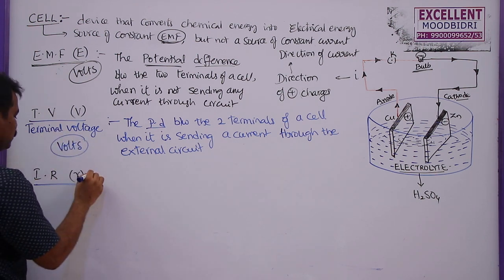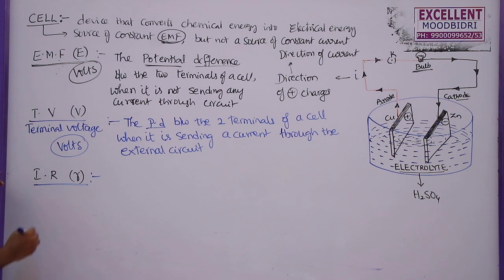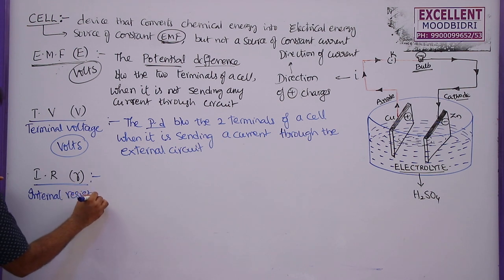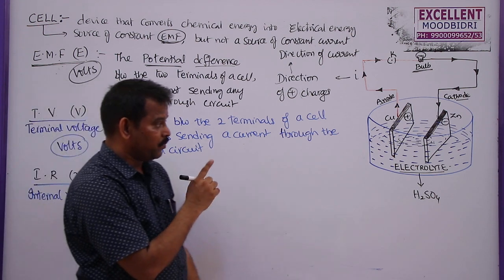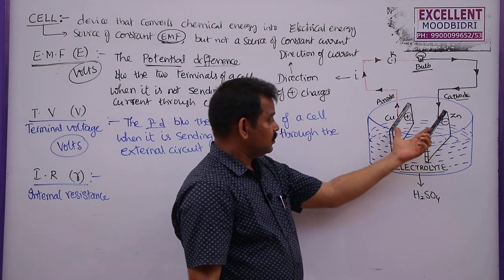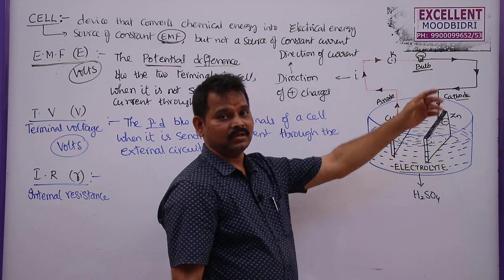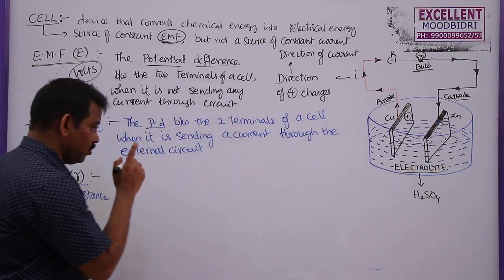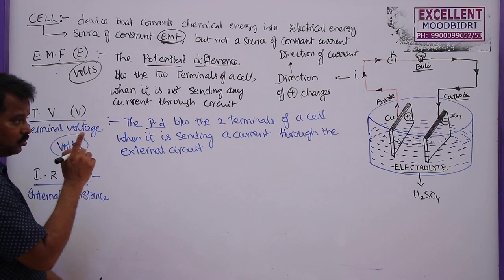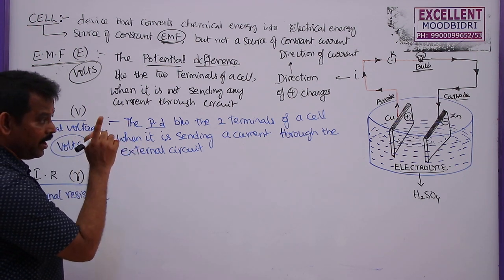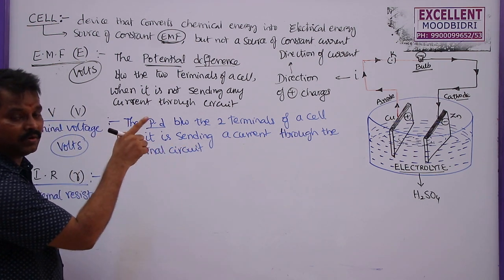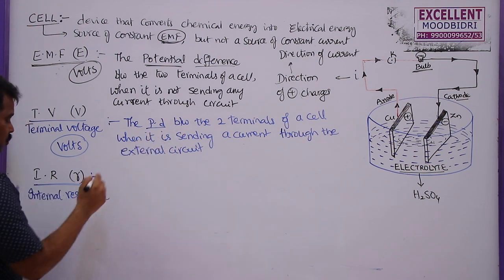Now the third one, the internal resistance of a cell. So what is this internal resistance? It is the opposition offered by the electrodes of a cell or the electrolyte of a cell to the flow of current to the external circuit. So there will be some opposition offered to this electric current to go out, and it will be opposed by the electrolyte and electrodes.